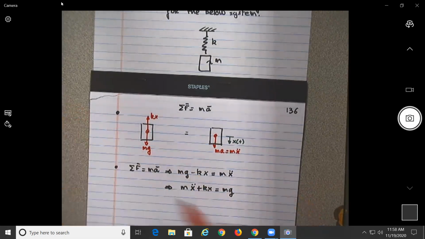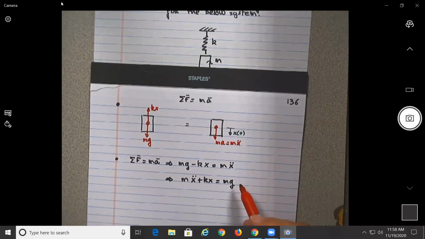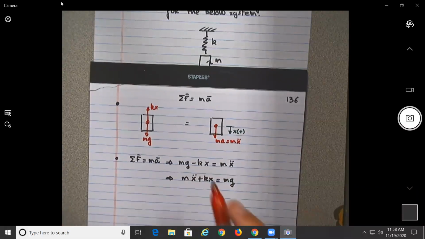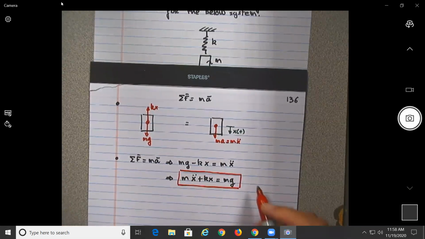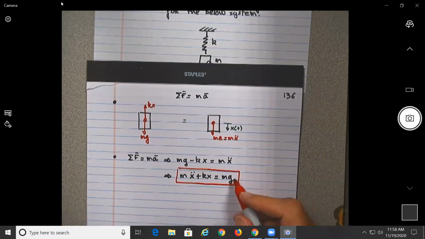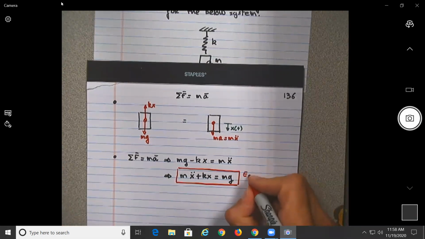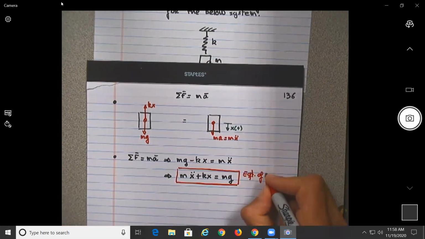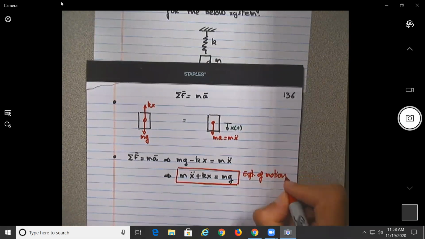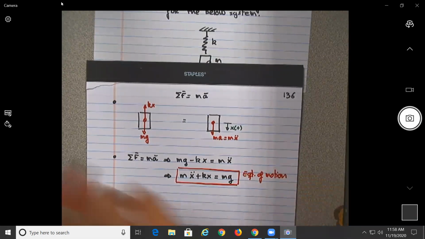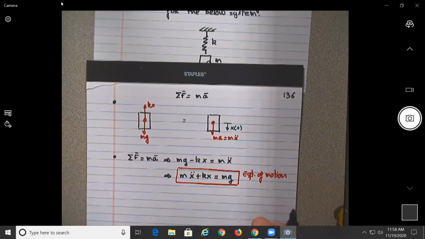I'm going to leave it here. You can remove this mg, okay? But I'm not going to do it. But basically, you recognize this as being the equation of motion, okay? For the spring damper system. So equation of motion for the problem. So it's all different notation without my notes, but it should work.